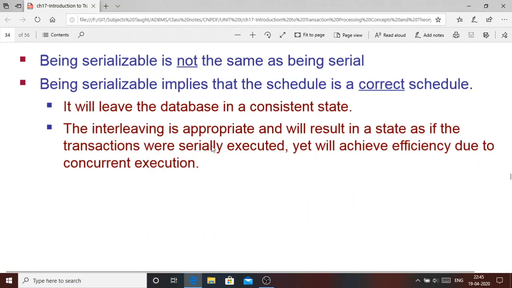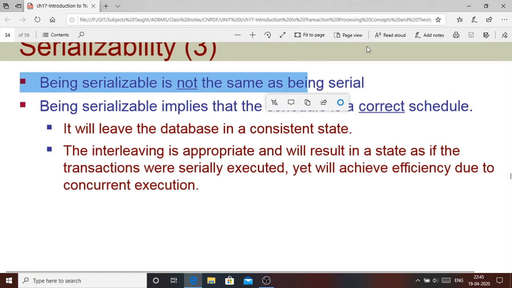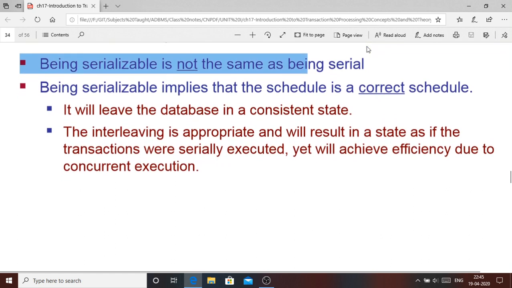Being serializable is not the same as being serial. Being serializable implies that the schedule is a correct schedule, because it will leave the database in a consistent state. The serial schedule always leaves the database in a consistent state, so a serializable schedule is also bound to leave the database in a consistent state.